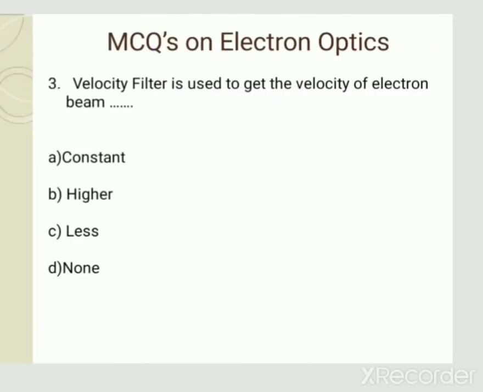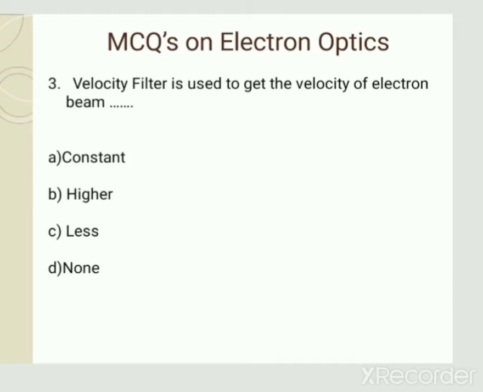Third question is velocity filter is used to get the velocity of electron beam: constant, higher, less or none. So this is the device which is used to get the velocity of electron beam constant.